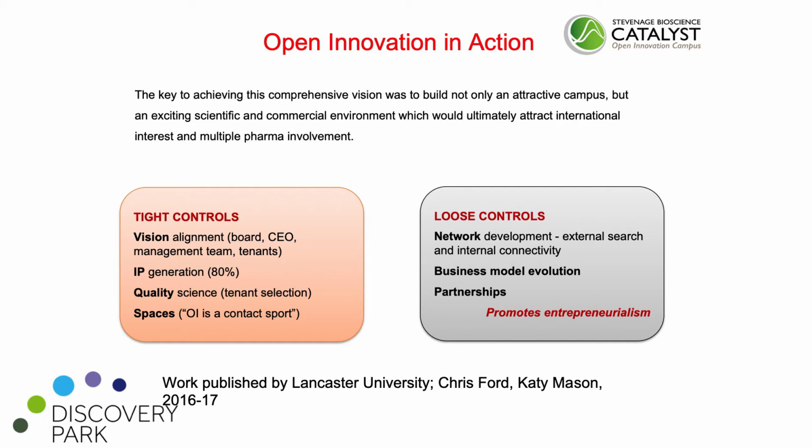Their conclusions were about this combination of having tight controls and loose controls: tight around vision, around IP, around quality, around spaces, but looser controls around the people bit and the networking and the business models and partnerships that you use. And I've always said open innovation is never a panacea.